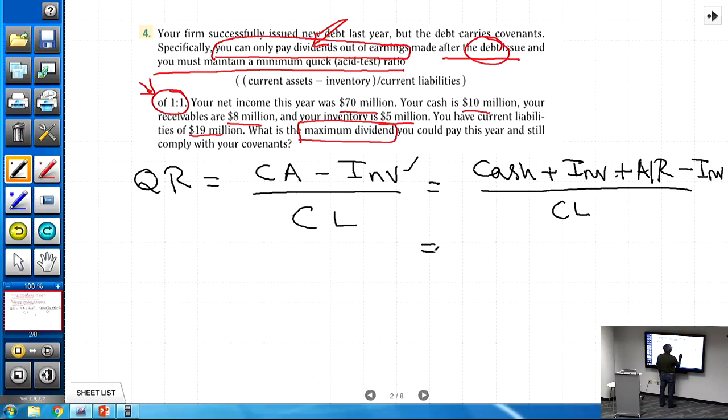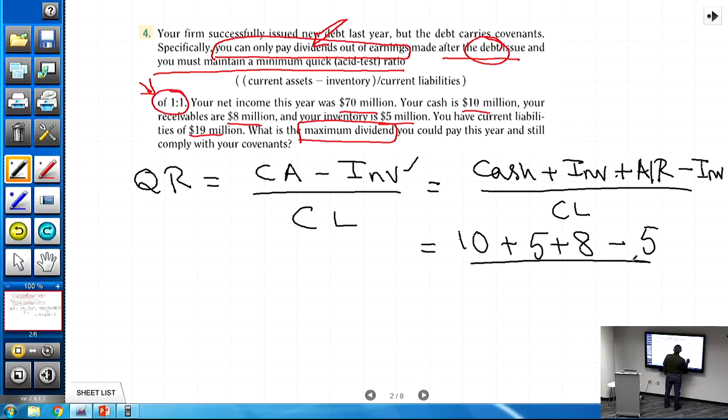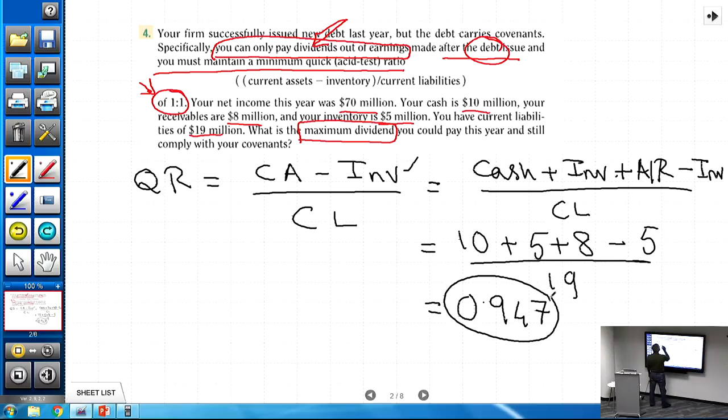So this gives me cash of 10, inventory is 5, accounts receivable is 8, minus the inventory of 5, divide that by current liabilities, which is 19. So currently I have a quick ratio of 0.947. Now this quick ratio is less than the target quick ratio of 1.1.